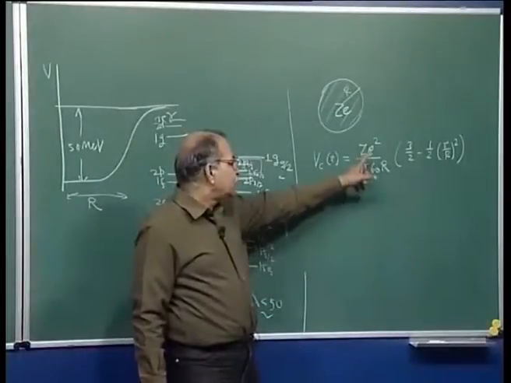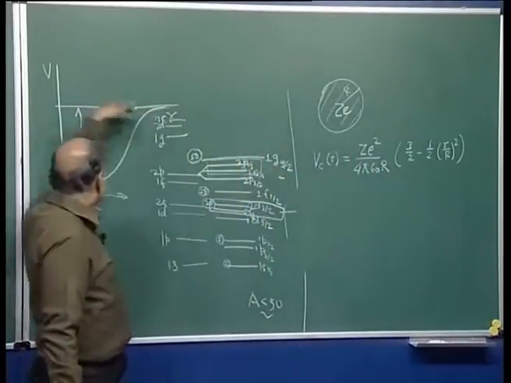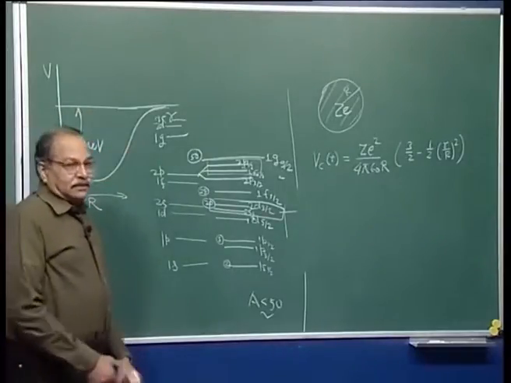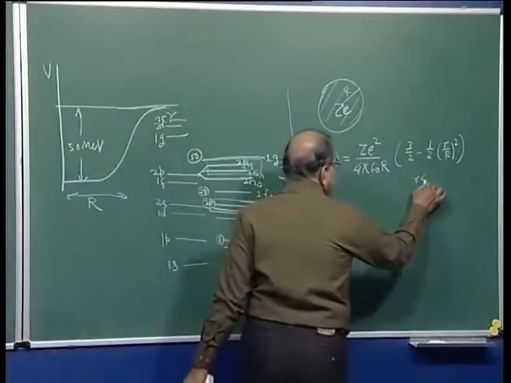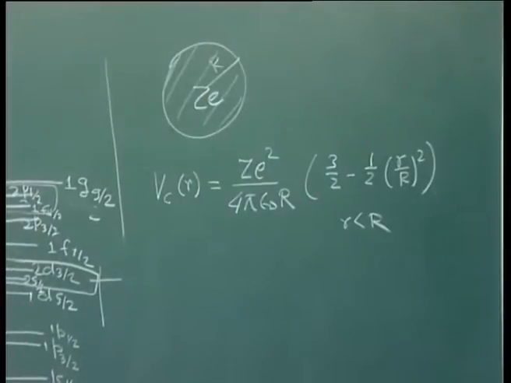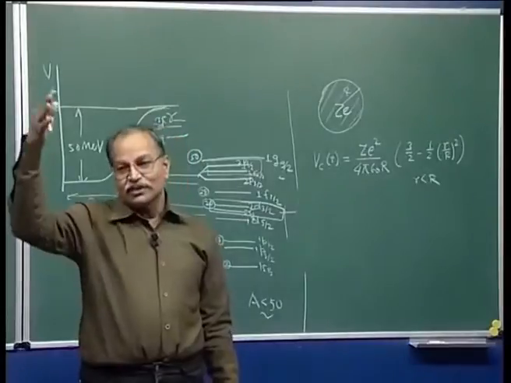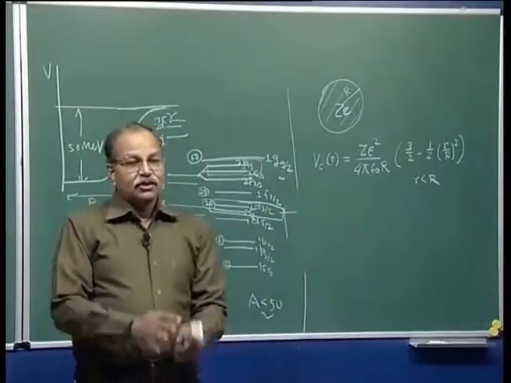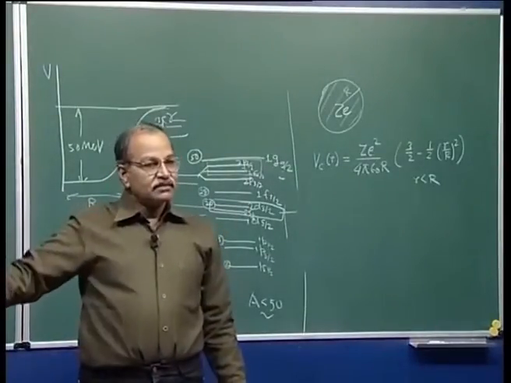For low Z, if you have light nuclei, it does not matter because this is quite high, but for middle and heavier nuclei it will matter. This is for r less than R, and for r greater than R you also have electrostatic potential because it is a long range force, and that goes as 1 by r. If you have Z e charge in this sphere, outside, the potential will just go as 1 by r.